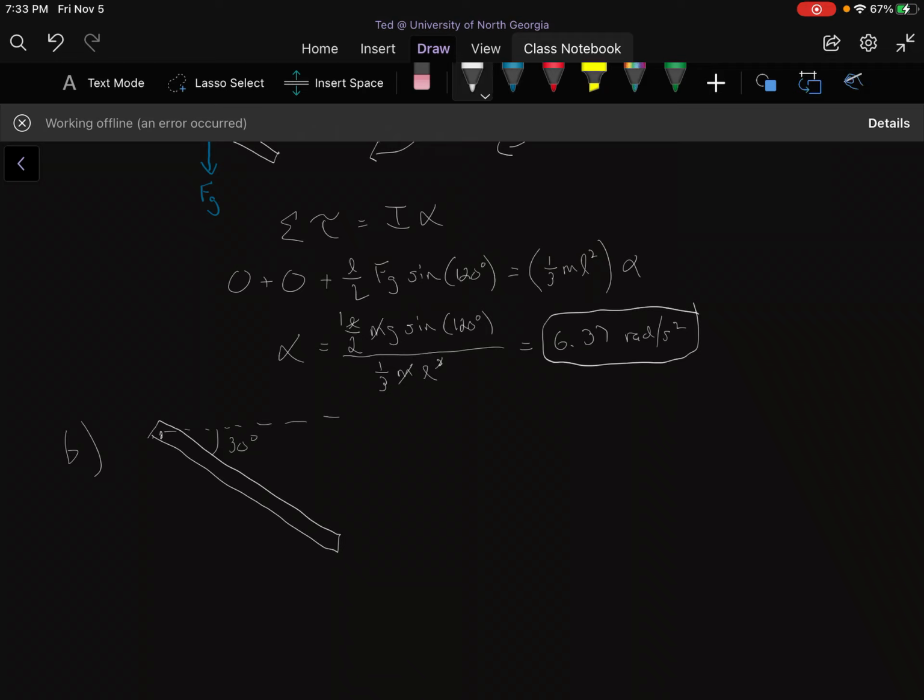In my initial, the angular velocity is equal to 0 because it starts at rest. And then right here on this same picture, I'm going to draw the final. The final is when the rod passes through vertical, and now it has an angular velocity. And we don't know what that is. That's what we're trying to find.